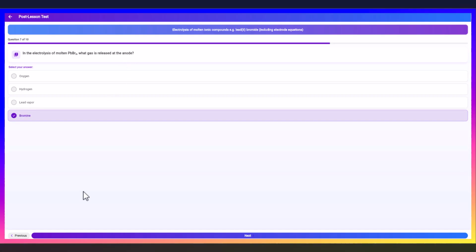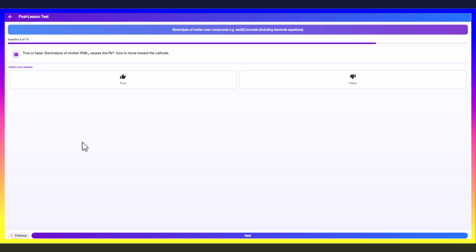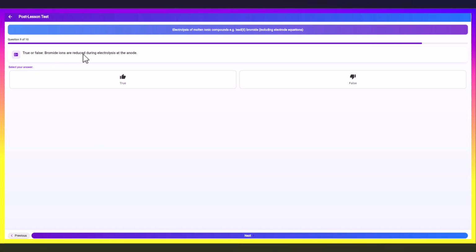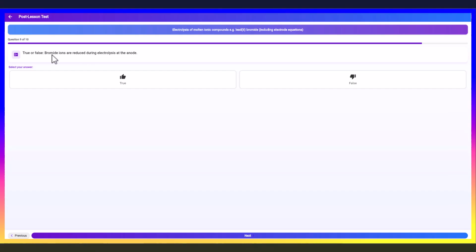Bromine gas. True or false? Electrolysis of molten PbBr2 causes the Pb2+ ions to move towards the cathode. Yeah, the cathode's negative. It's just driving home the principles. True or false? Bromide ions are reduced. No, because reduced means the number gets lower. They don't go from 1 minus to 2 minus, they go from 1 minus up to 0. So that's false.